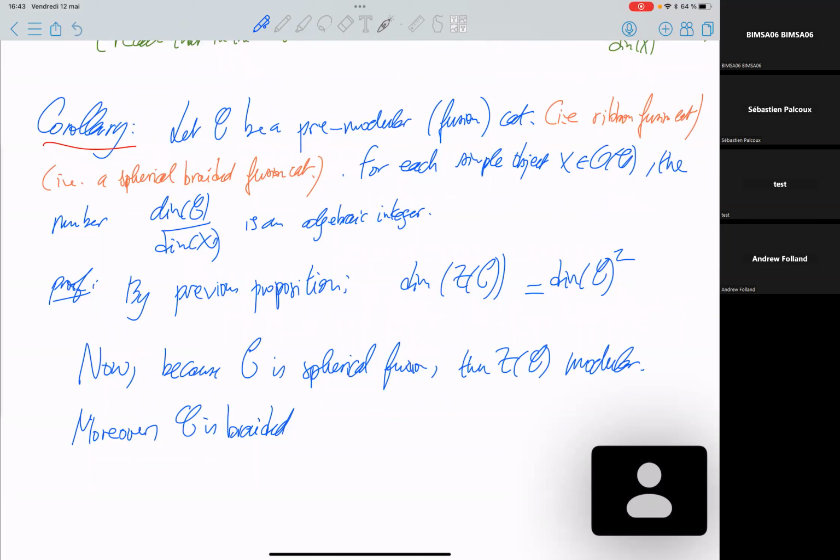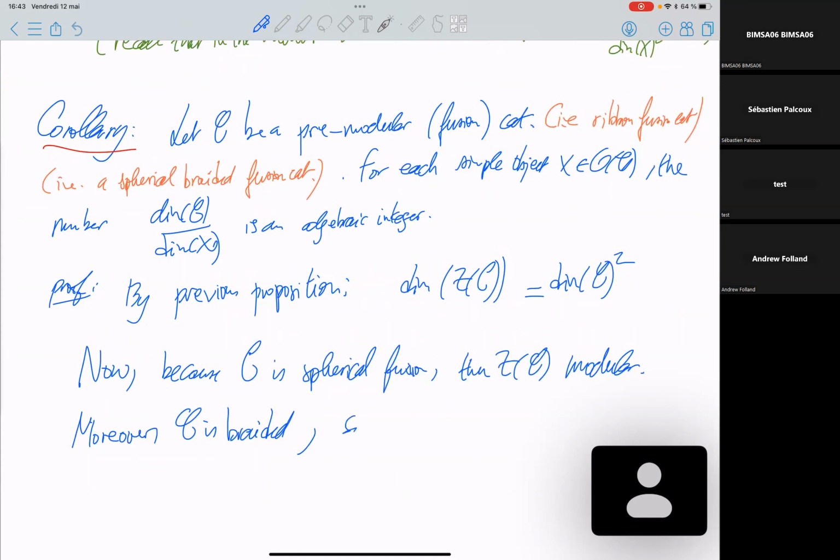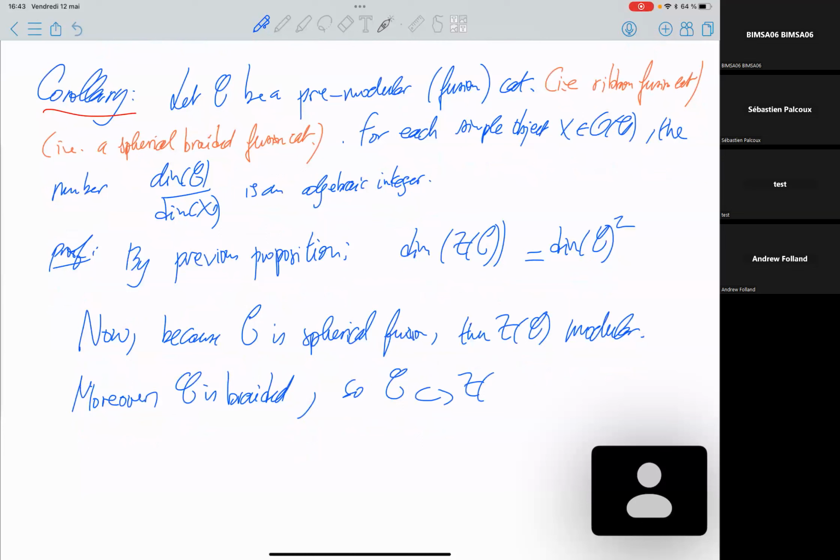When you write right bond, when you write premodular, it's confusing. It's not as nice as just writing spherical braided, which is good for me. So moreover, C is braided, so it embeds into its center as a tensor functor.